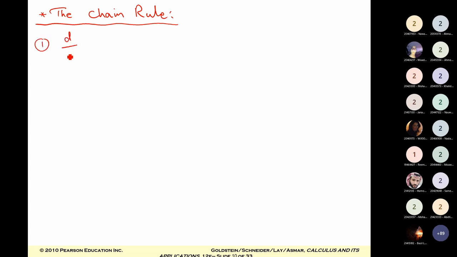If we have d over dx and we have f of x composite g, this means we need to find the derivative of what? Of f, and substitute g. This is in the first chapter, composition function.